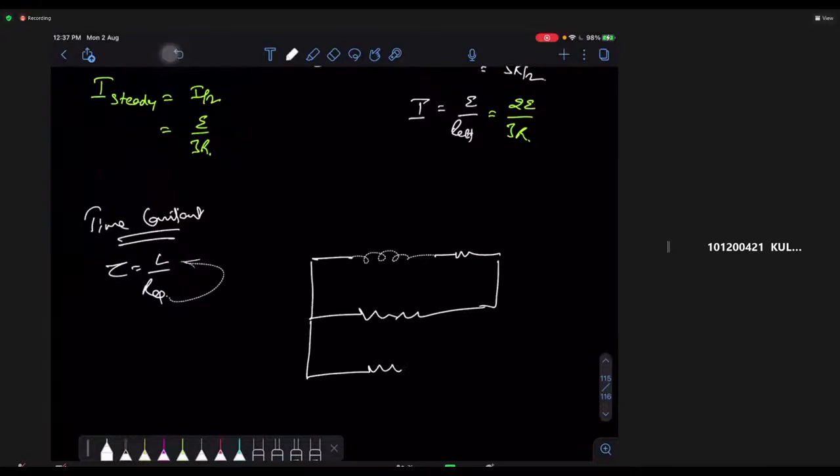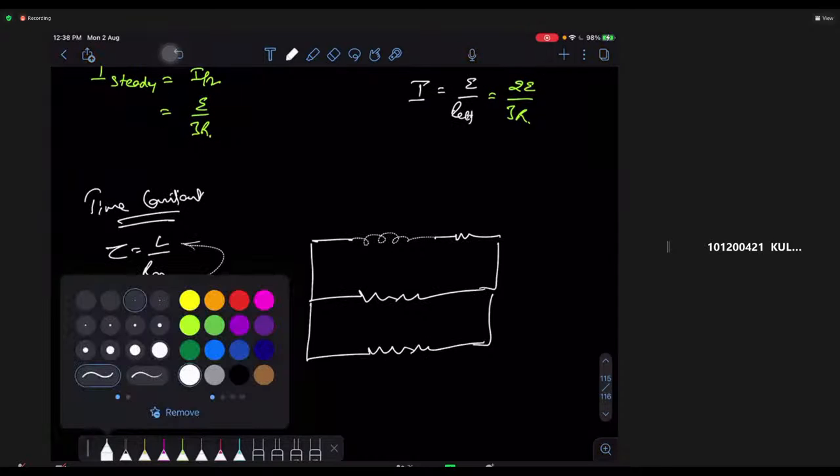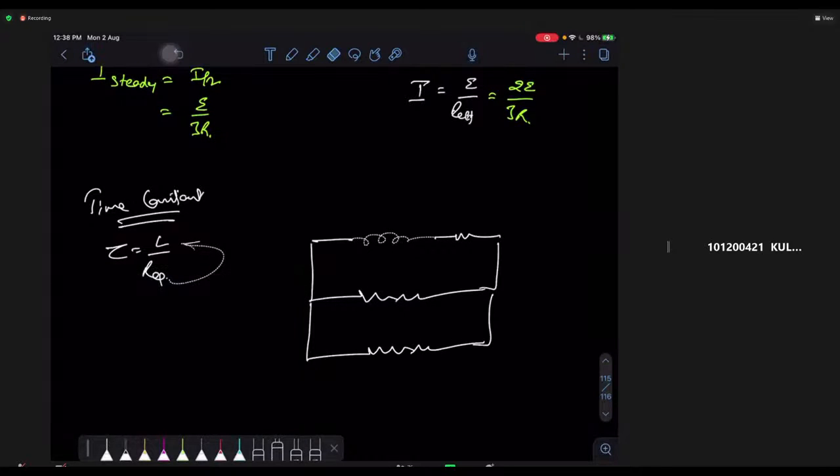The battery has no role, so you can remove the battery, and you remove the inductor also. So find the effective resistance across the ends of the inductor, just like our capacitors. So it is R equivalent between the points A and B.